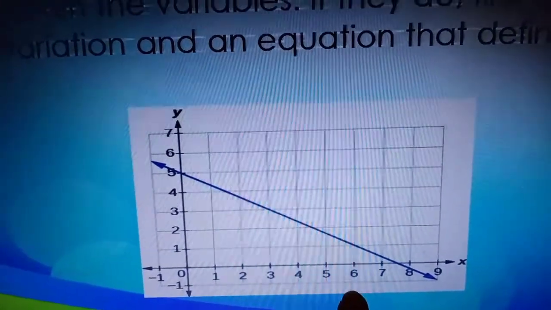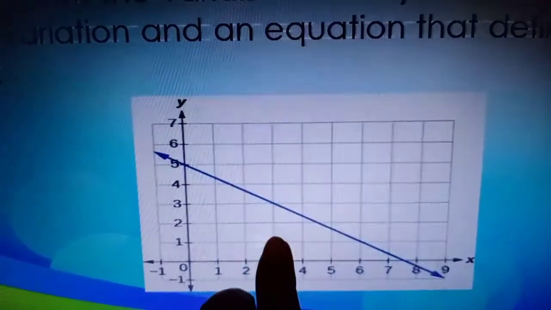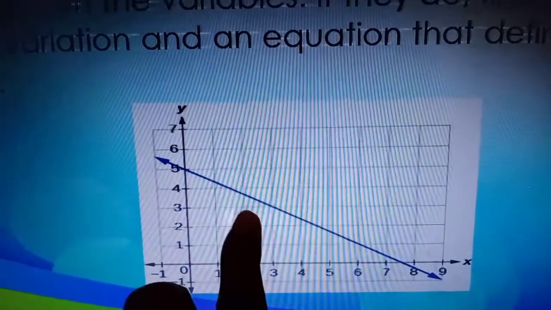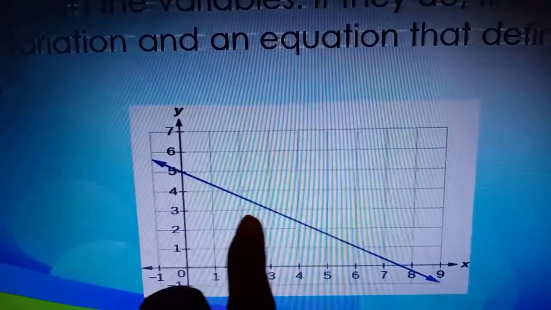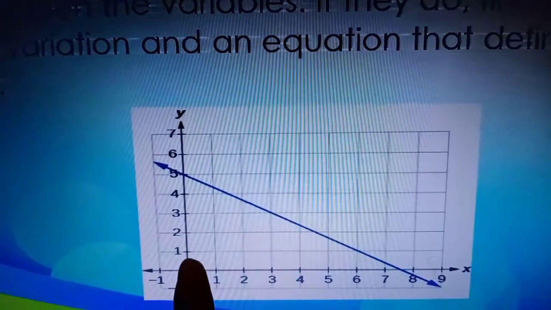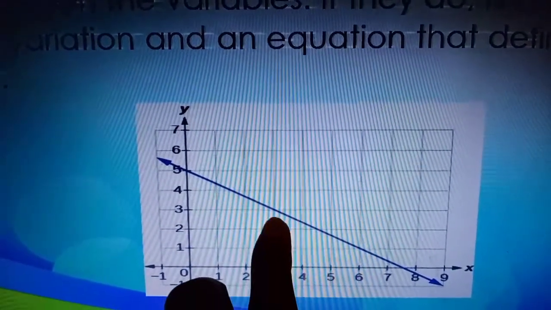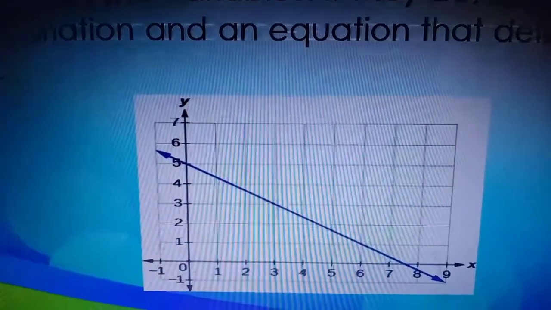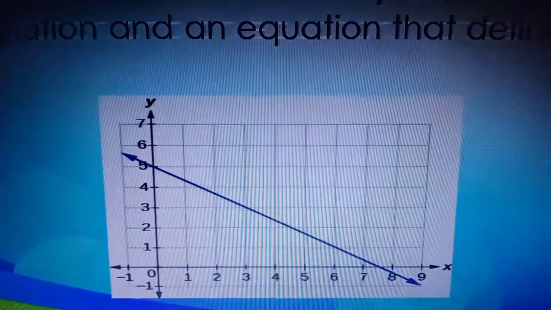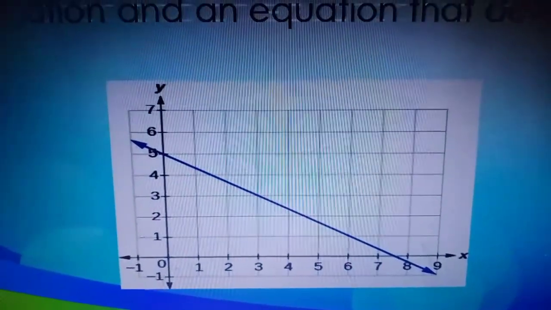Another is this one here, 3 and 3. So 3/3 is 1. So we have 1/6 and 3/3 is 1, so this graph does not express a direct variation.